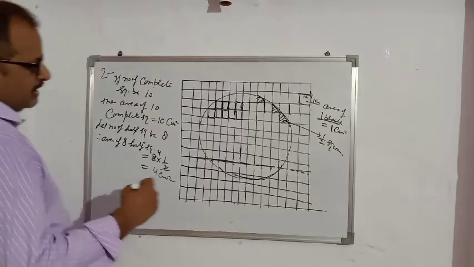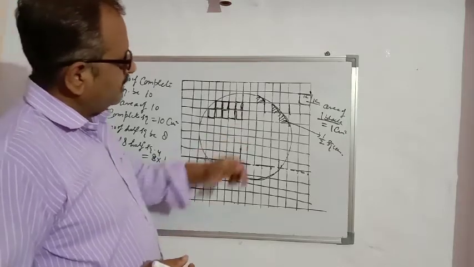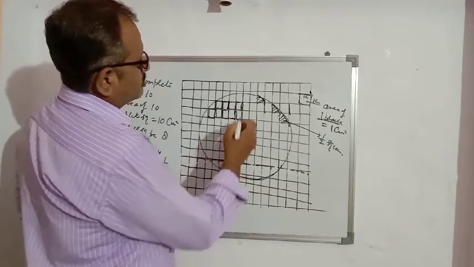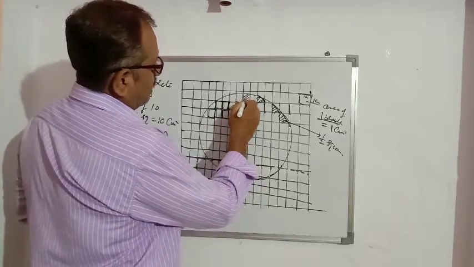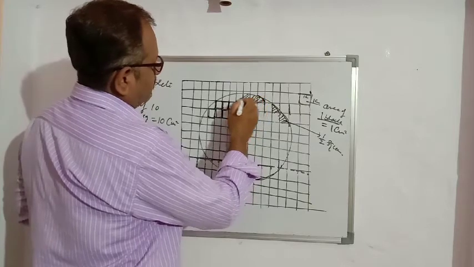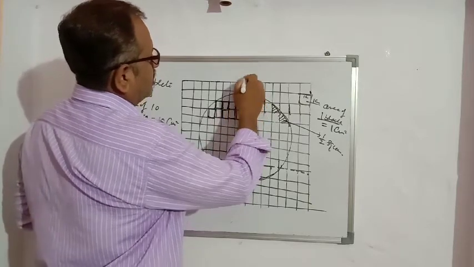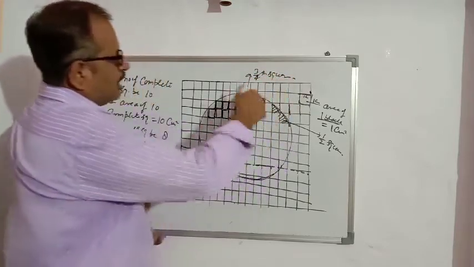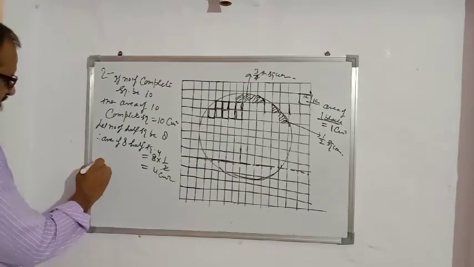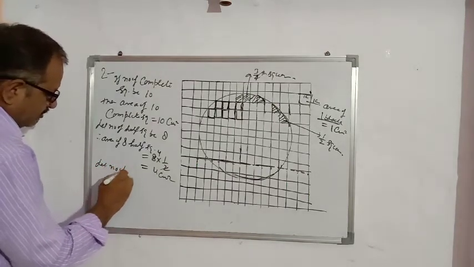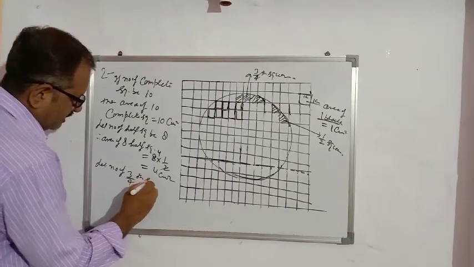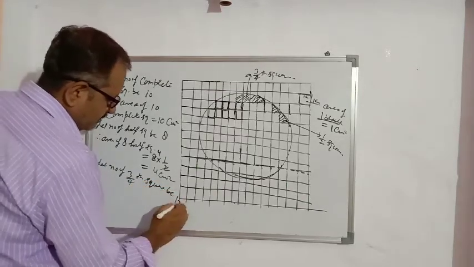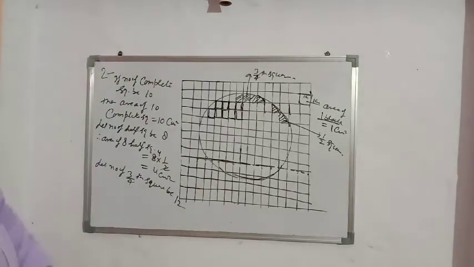Then again count how many 3/4 squares there are. Suppose this is a 3/4 square. This one is a 3/4 square. So count how many 3/4 squares. Let the number of 3/4 squares be 12.